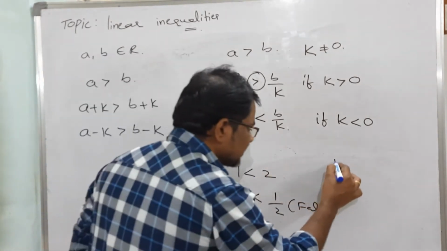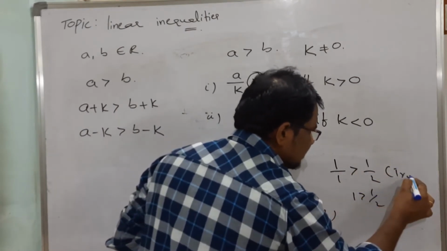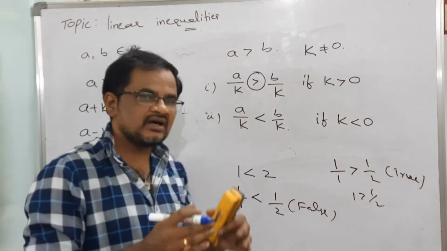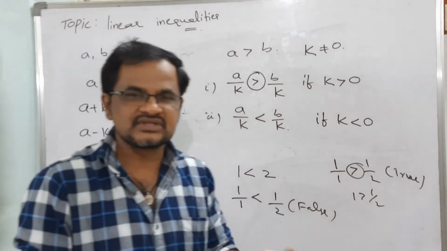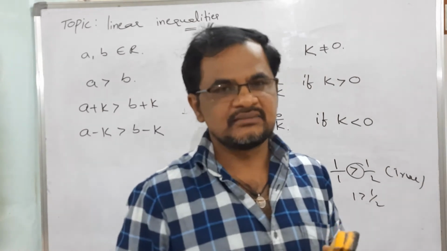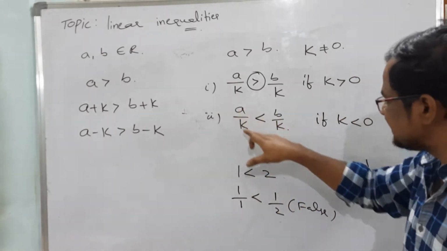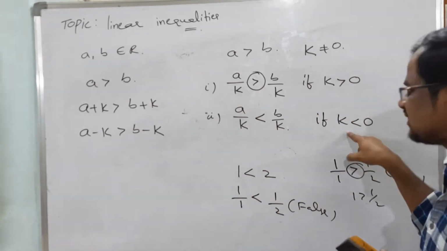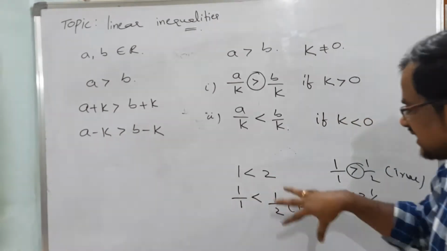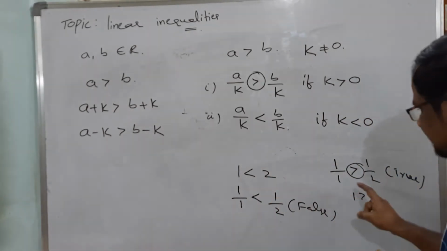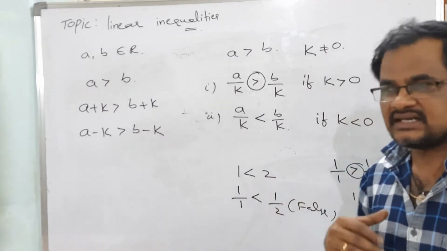So 1/1 > 1/2, that is 1 > 1/2, is true. It means whenever you take the reciprocal, the inequality reverses. So there are two things: if you multiply or divide an inequality by a negative real number, or if you take the reciprocal, the inequality reverses.